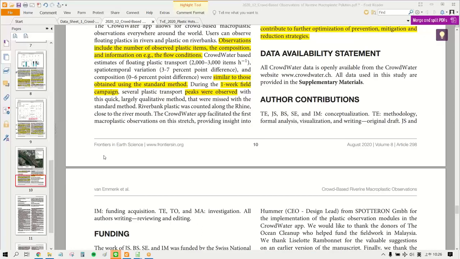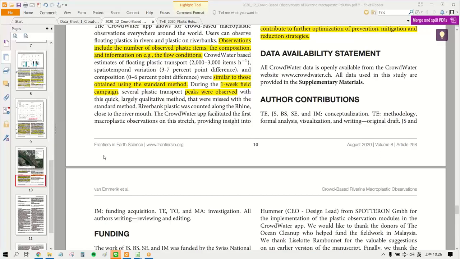But I think entering the result for Cloudwater is also based on the counting of the debris, and it also takes some time for a surveyor to count the number of floating litter from the surface of the river.